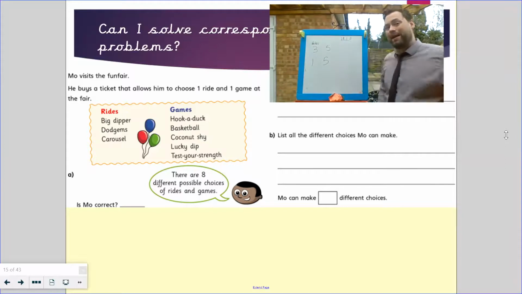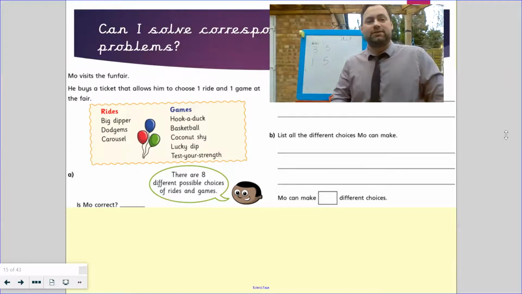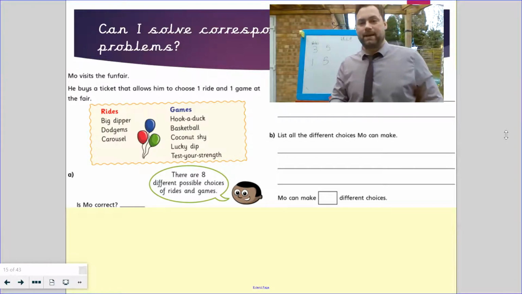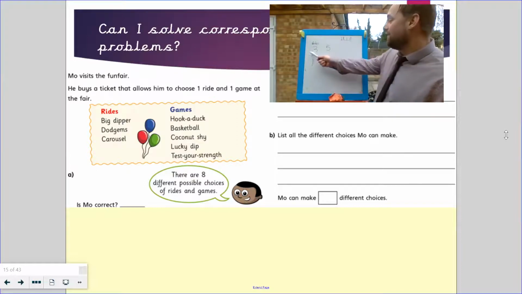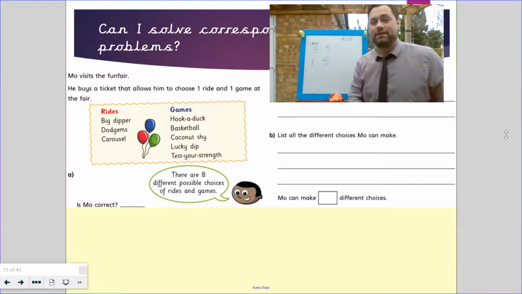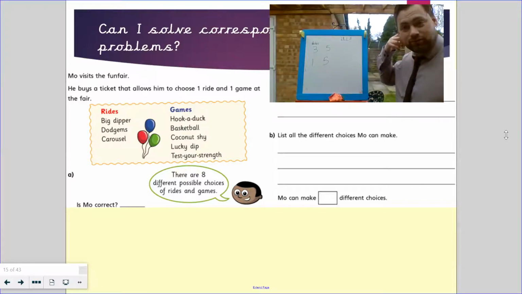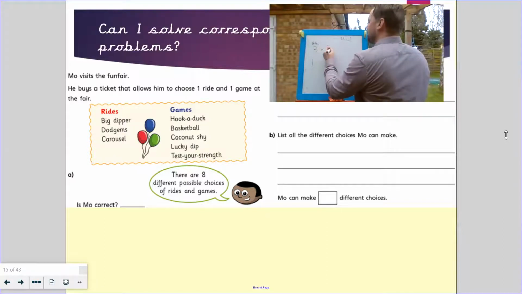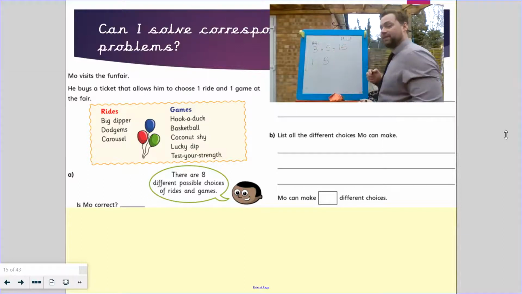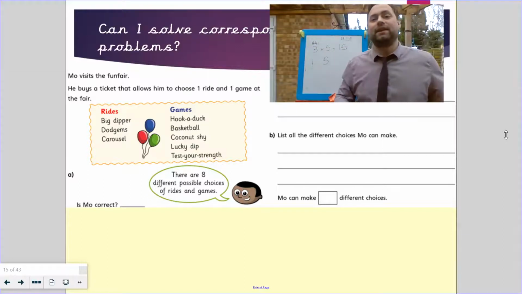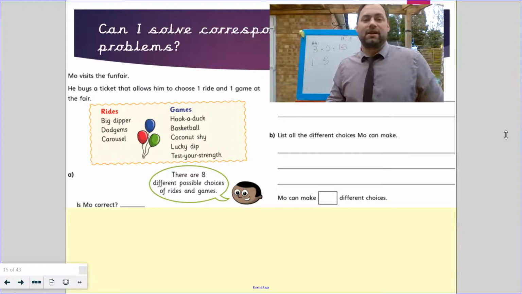So there would be 5 combinations if we used the Big Dipper. But in our question, we have 3 rides, so we multiply 5 by 3, and that gives us 15. So we now have 15 combinations that he could use.